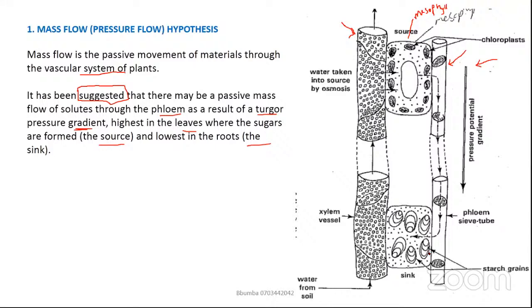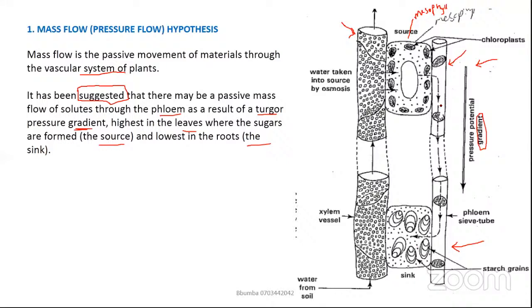At the same time, thinking about food that is being made in the leaves, which I'm calling the source, at the roots the sugars are being utilized in respiration, and some are being converted into starch. So you have turgor pressure building up here due to accumulation of water, and here there is not enough turgor pressure. That is what creates the pressure potential gradient, where it is highest at the source and lowest at the sink.